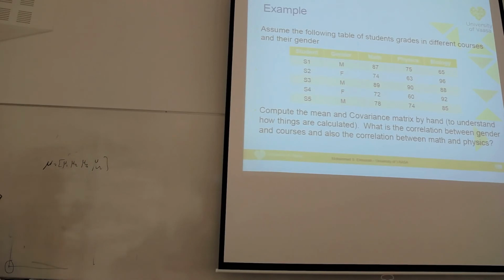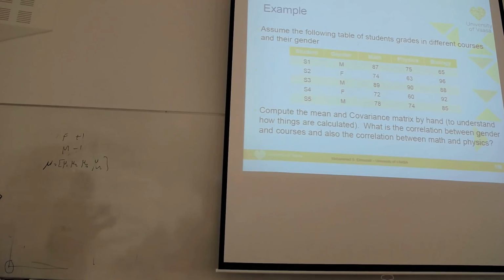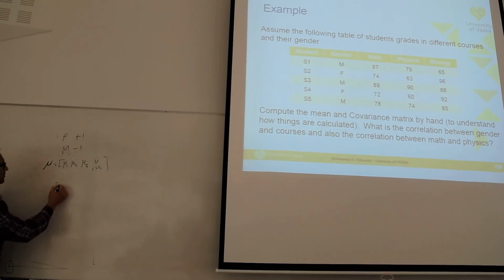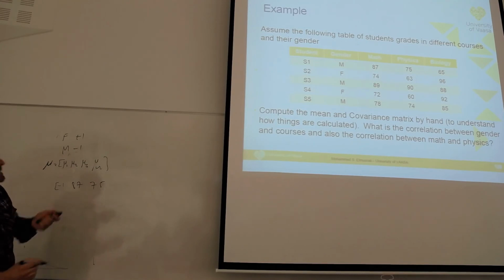Here we have some symbols, male and female, so we can give some numbers to differentiate them. This is one method we can use: for example, female as +1 and male as -1, or 0 and 1. So you can put in some numbers in order to see how to compute them. Now we want to compute the mean of this data. The first vector, for example if we say it is -1, is -1, then 87, 75, and 65.